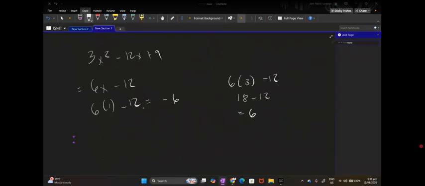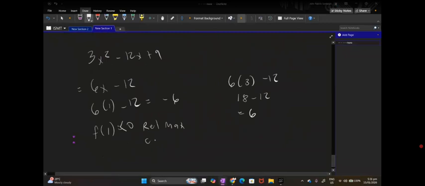So, ang f double prime of 1 is, diba, it's less than 0. So, it's relative maximum, but it's concave downwards.